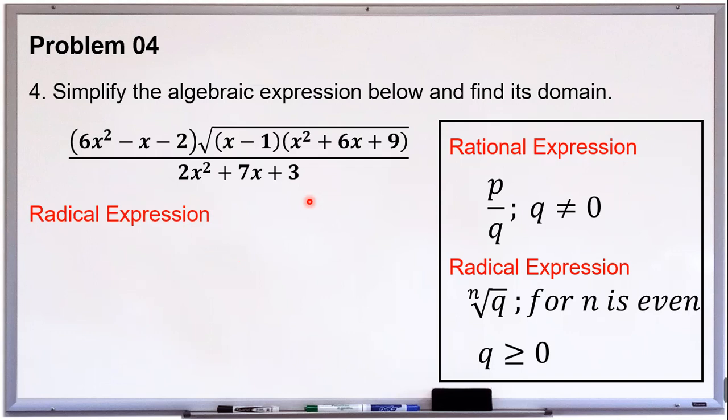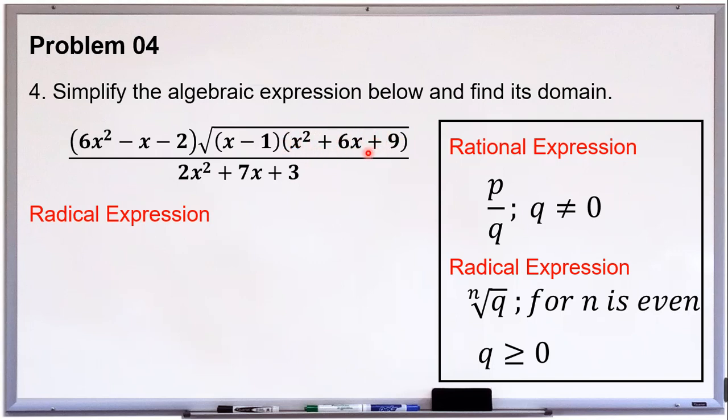Next is for the radical expression. Again, in the numerator, we have a radical expression, and this radical expression contains an even index, that is, square root. So n here is 2. Now to get the domain of this one, first you need to simplify by eliminating the factors that can still be extracted, and that is x squared plus 6x plus 9.